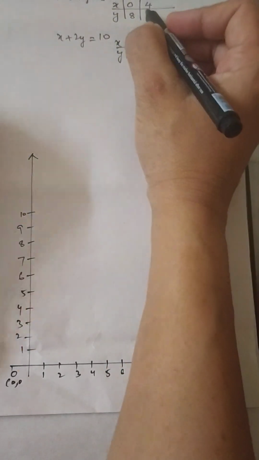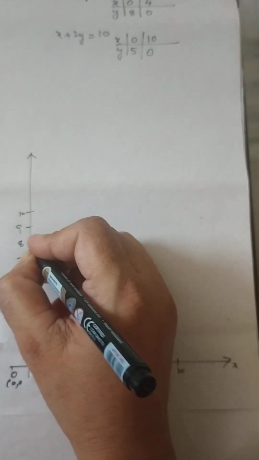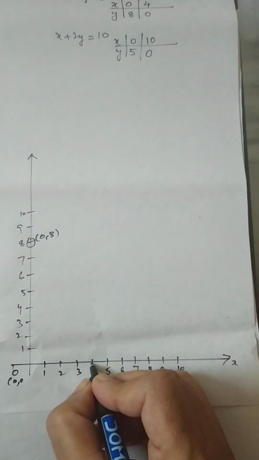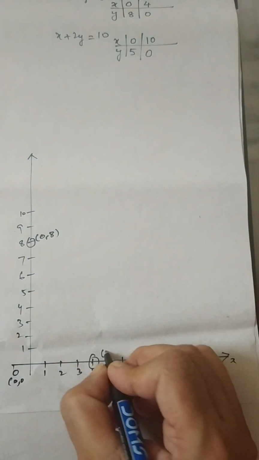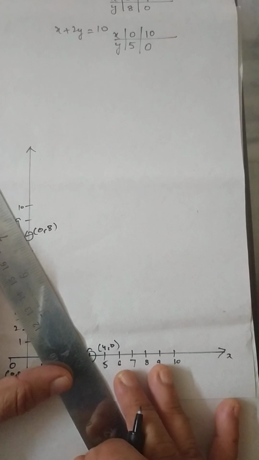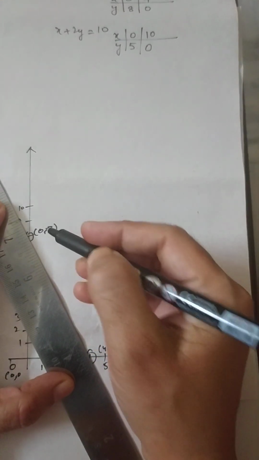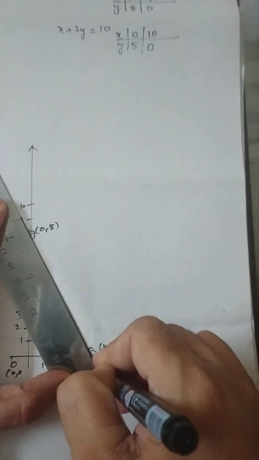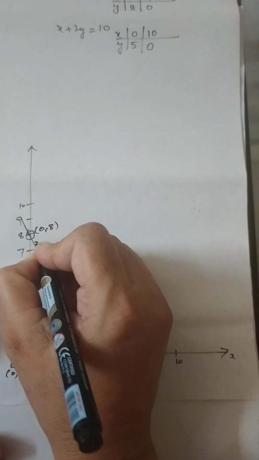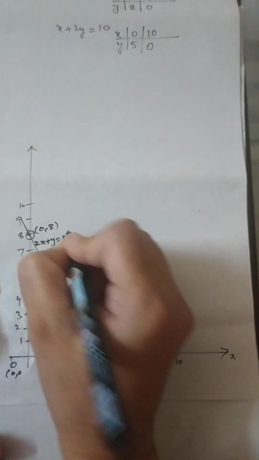So for the first graph we have x 0, y 8, and x 4, y 0. So we can write here 2x plus y equal to 8.